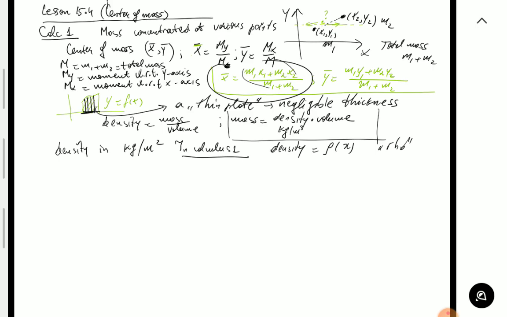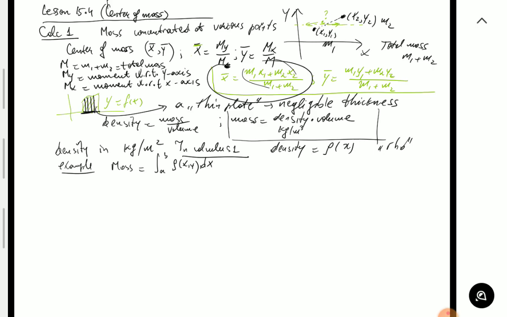So, for example, in the case of the total mass, the total mass of the plate will become the integral from a to b of the density times the area, right?